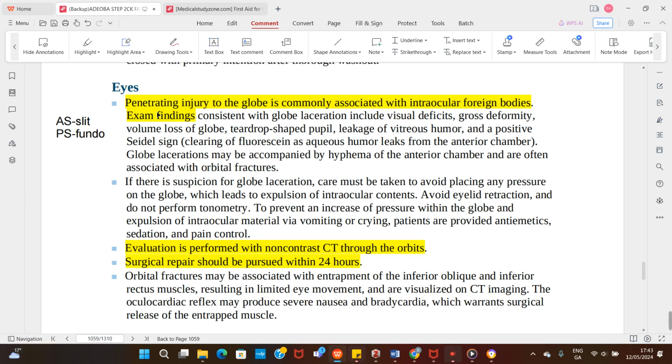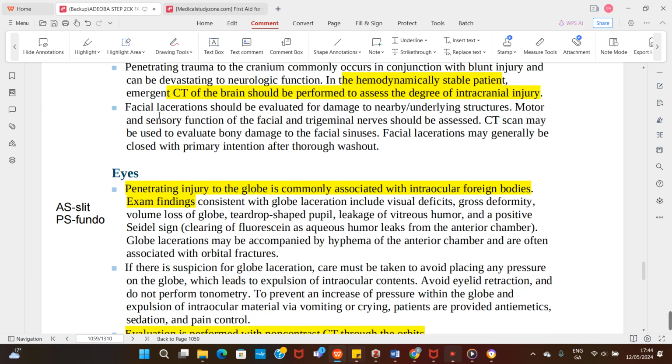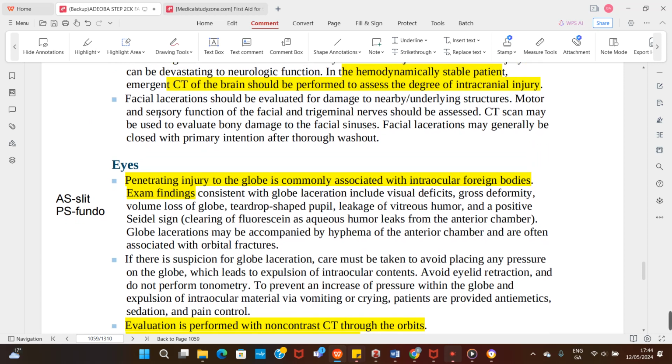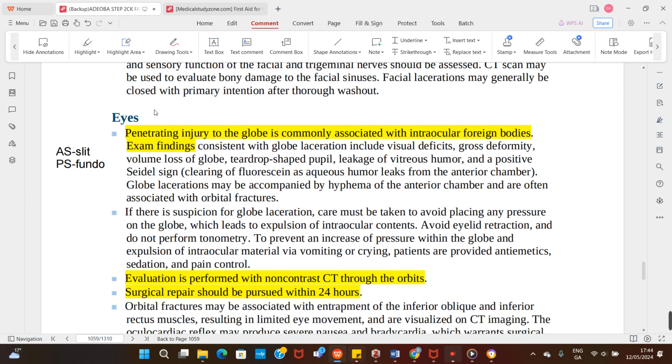Then you do your imaging. Then if there's laceration, you repair it by primary intention after you have done a copious irrigation and washing of that injury. Is there anything I'm missing? Of course, you also have to assess for the motor and the sensory function of the face, the facial nerve, trigeminal nerve.